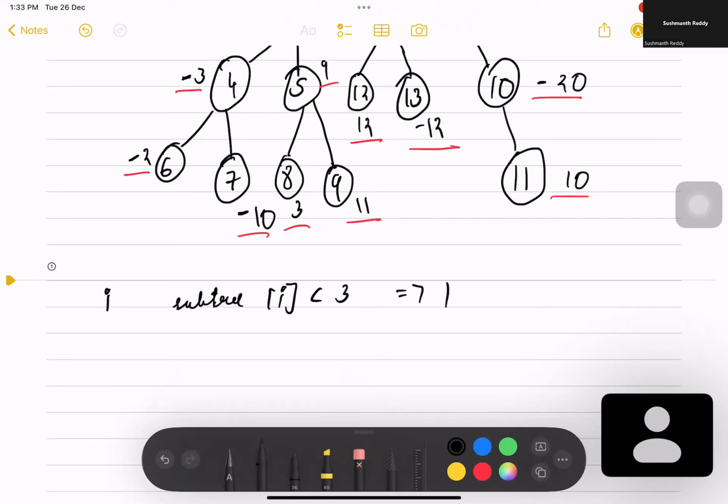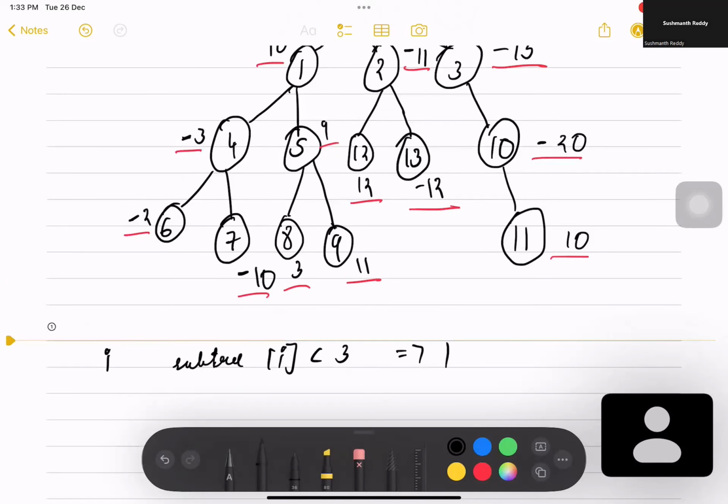This we can easily detect. We can just find out the subtree size of each and every node.